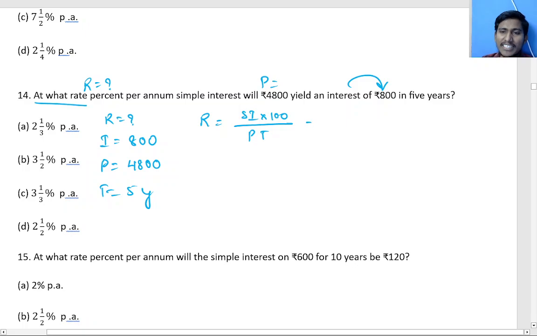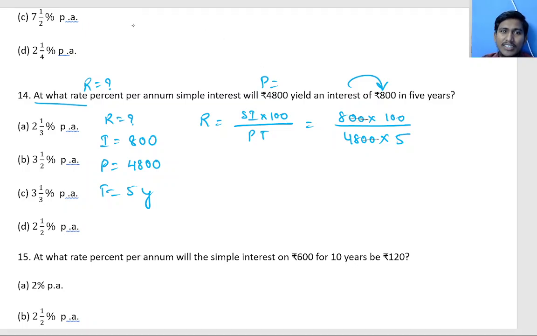So simple interest is how much here? 800 into 100 divided by principal, 4800, into time, 5 years. So what do we have to do now? Cancellation, right? Two zeros, two zeros cancel.